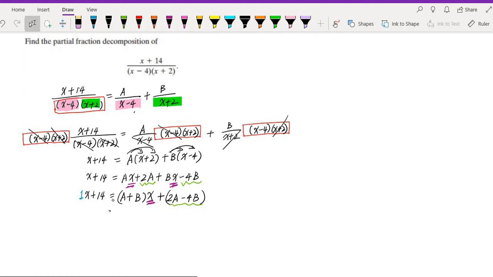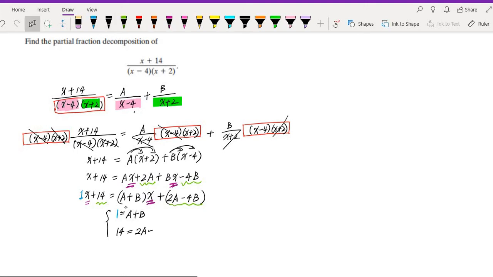Now if I compare left and right, if the coefficients are equal to each other, then this must be true: 1 must be equal to a plus b. And then we also look at 14. That's our constant. On the right hand side we have 2a minus 4b, and that should be equal to 14.